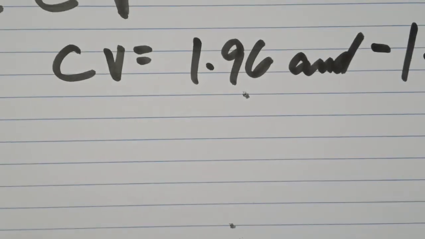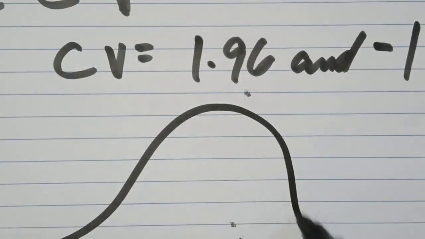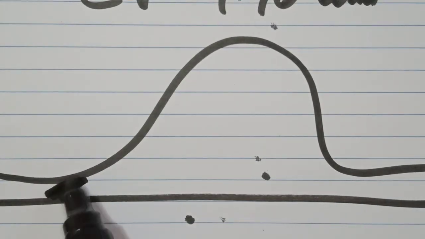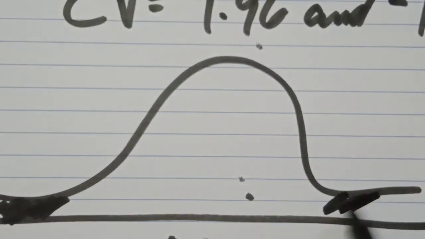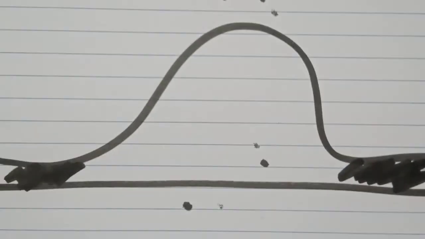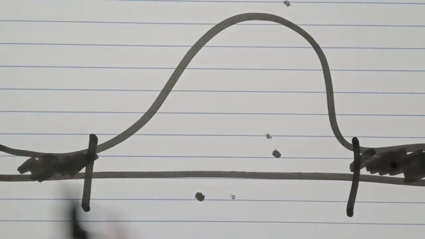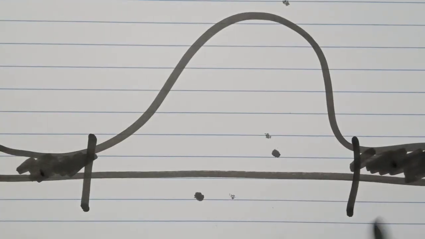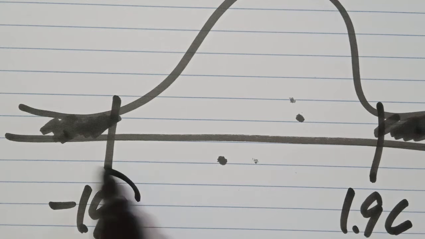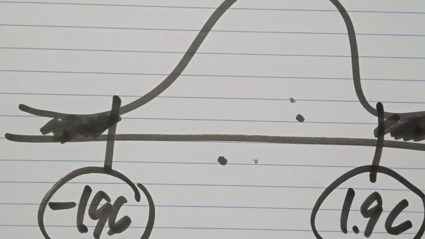Kung ito yung normal curve, 5% daw yung ating level of significance. Ito yung rejection region dahil two-tailed test siya, negative 1.96, positive 1.96. Ito yung ating critical value.